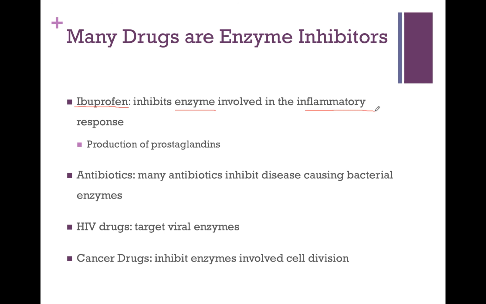We have tons of pain signals, and one of them, prostaglandins, is an inflammatory pain signal. So if we're blocking the production of prostaglandins, we're blocking pain signals. That's ibuprofen. Done. It's actually fascinating if you think about it.